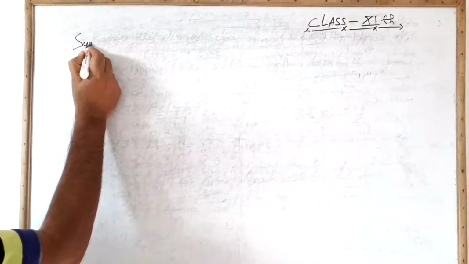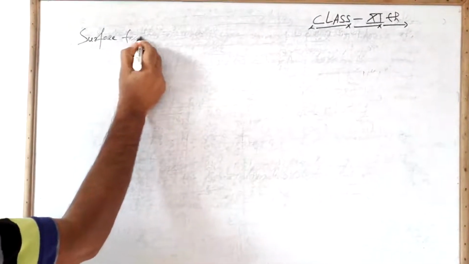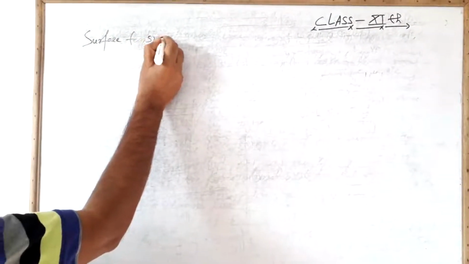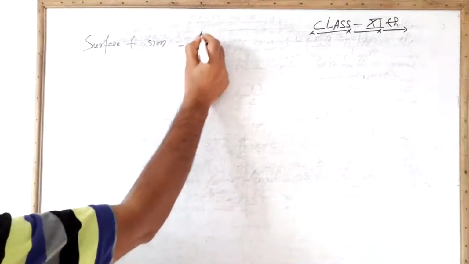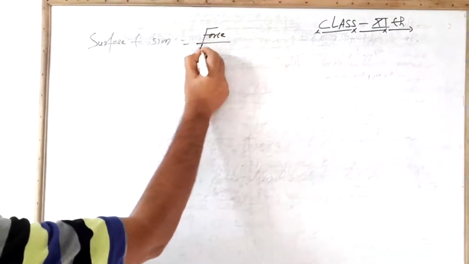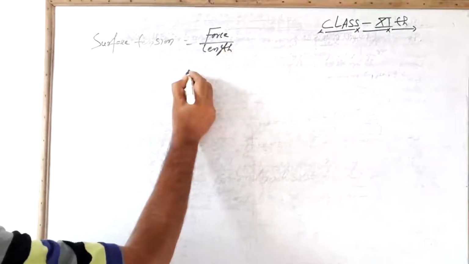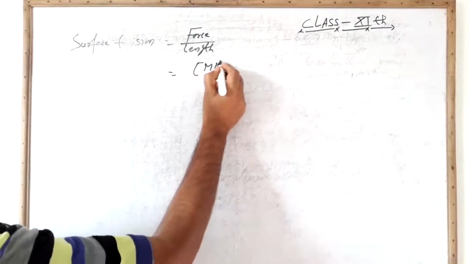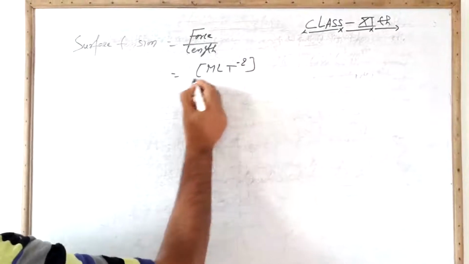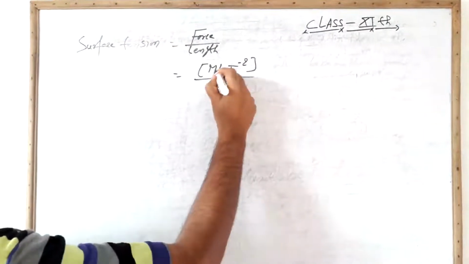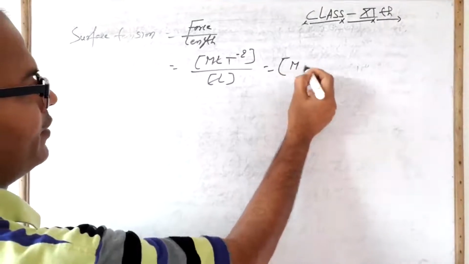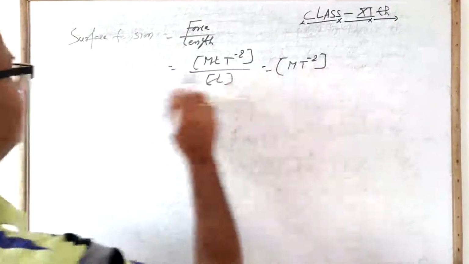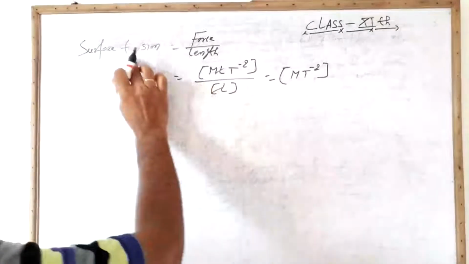No problem. The formula of surface tension is force per length. Students, you know the dimension of the force is M L T inverse 2, divided by length L, L cancels, so M T inverse 2. This is the dimension formula of the surface tension.